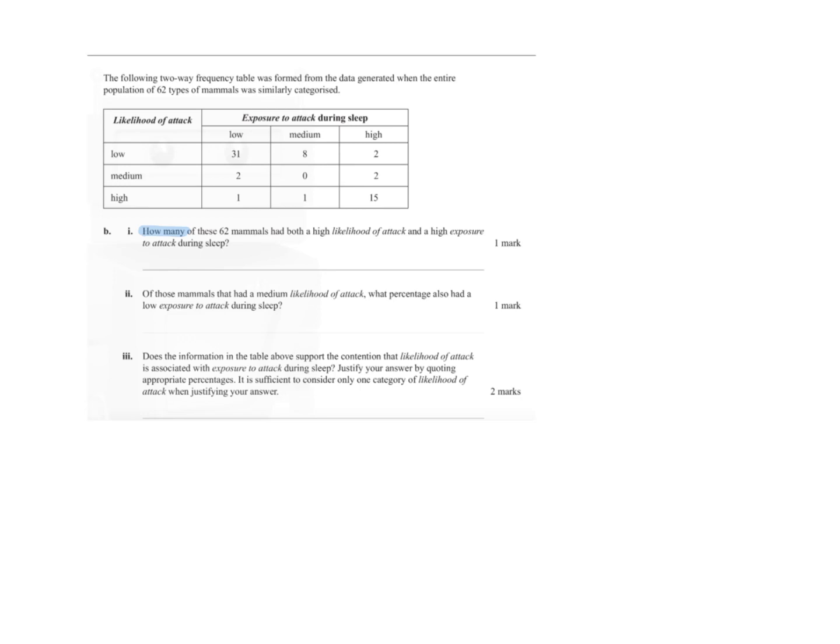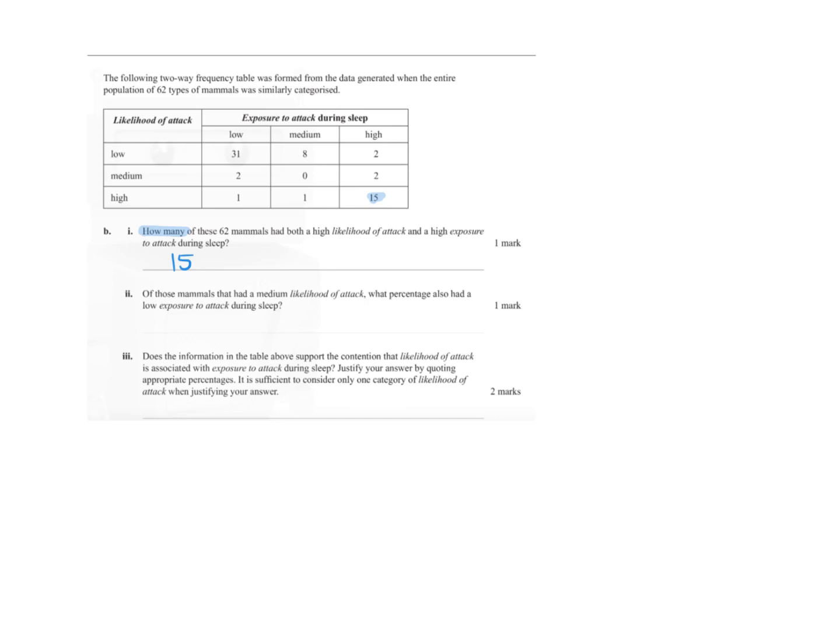So that means it's an actual number. So how many of these 62 mammals had both high likelihood of attack and high exposure? If we look here, we can see we got 15 out of everyone. So hopefully that was an easy one.